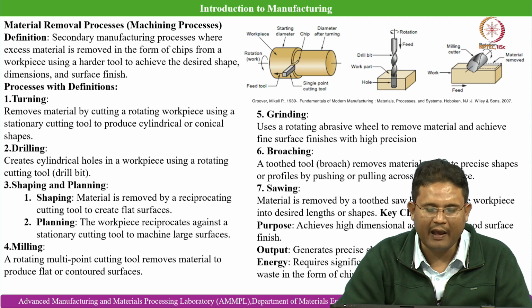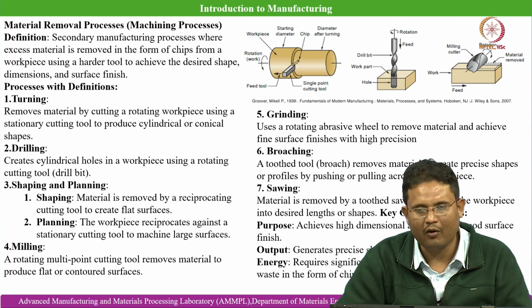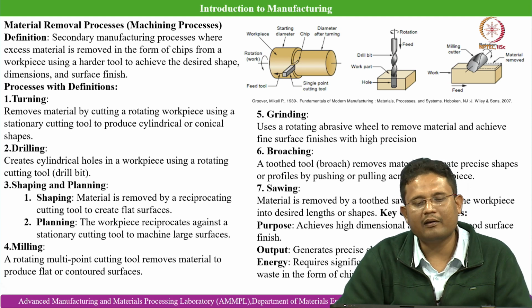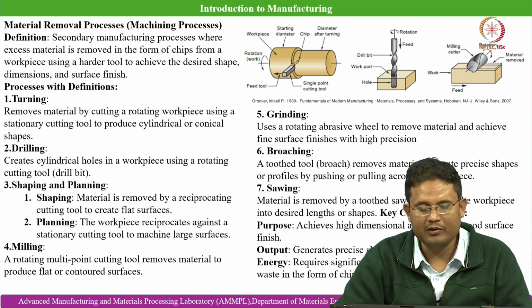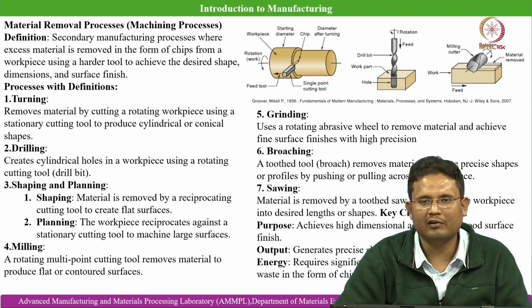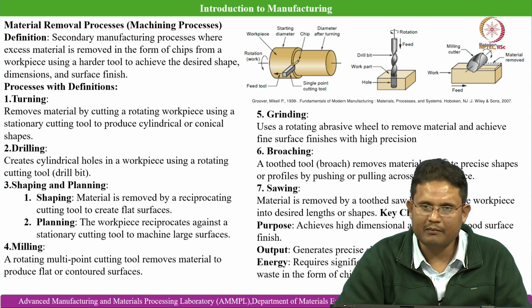When it is kept at an angle, we call it oblique machining. Also, there are several kinds of chip formation mechanisms which make machining a very interesting manufacturing technique. A high amount of mechanics is involved in machining processes.